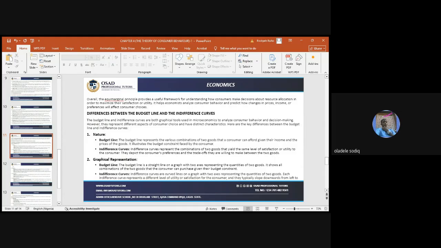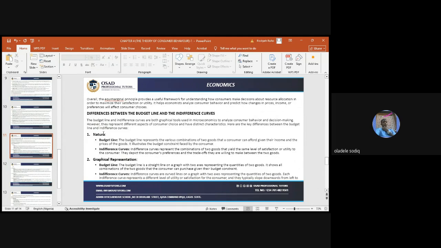However, they represent different aspects of consumer choice and have distinct characteristics. Here are the key differences between the budget line and indifference curves.